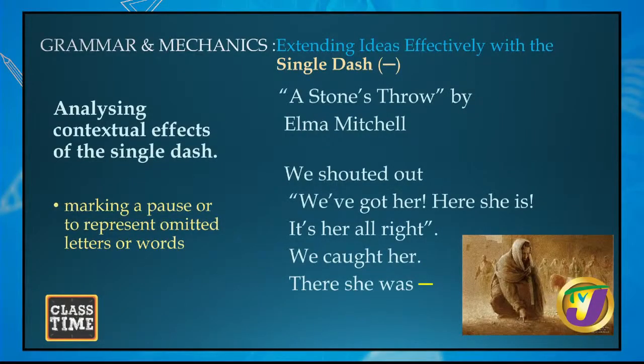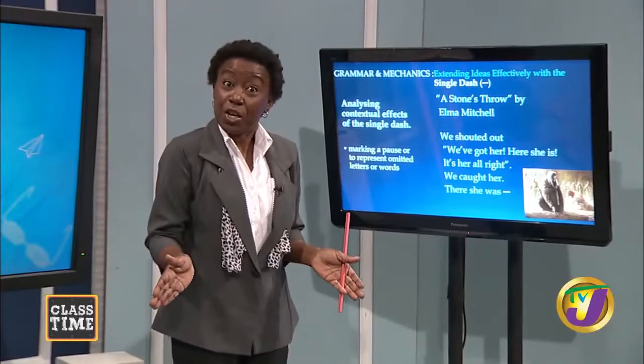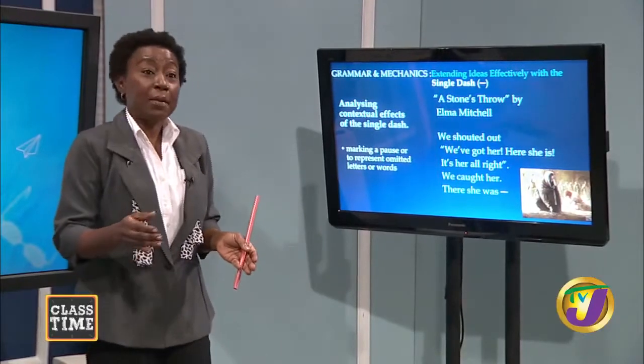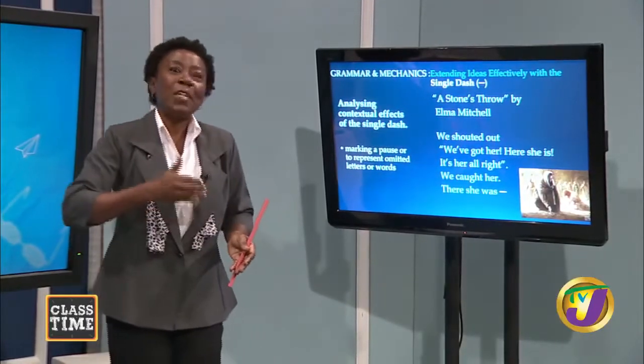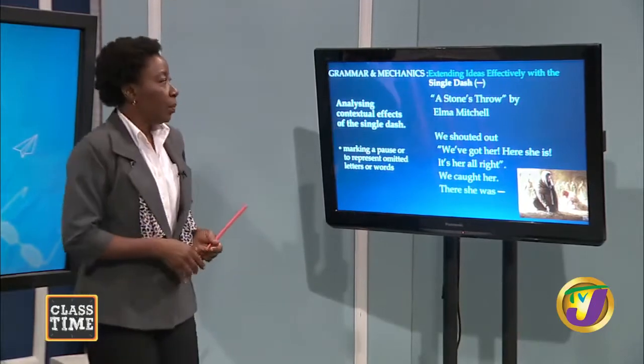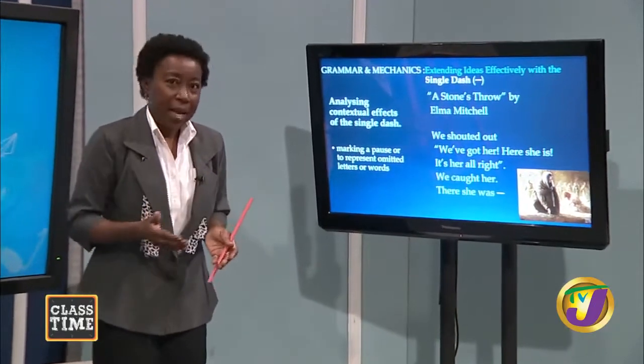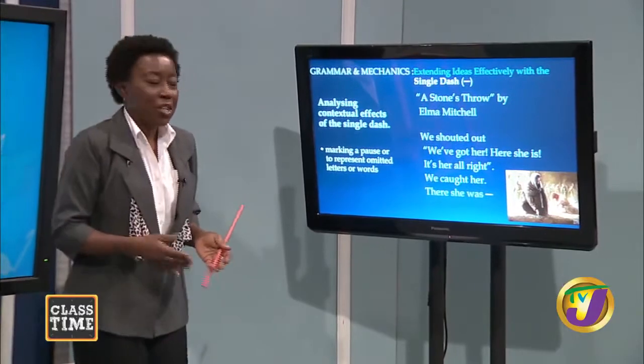When you are writing, you must be conscious of the fact that the person you are writing to, the reader, is dependent upon you to make whatever it is that you are saying very clear. So the dash can be used as a stylistic feature, or it can be used to make communication clearer, in which case both end up being communication.